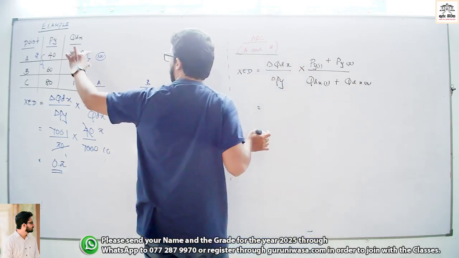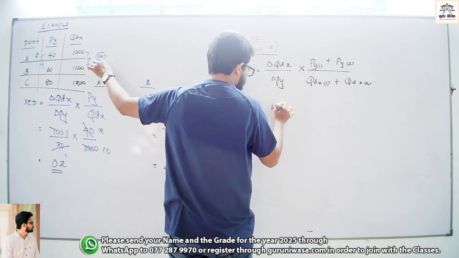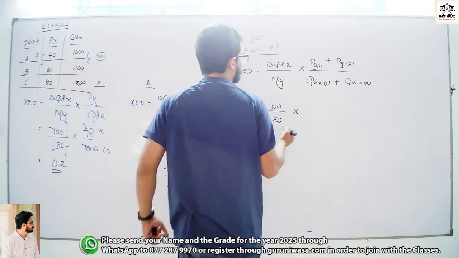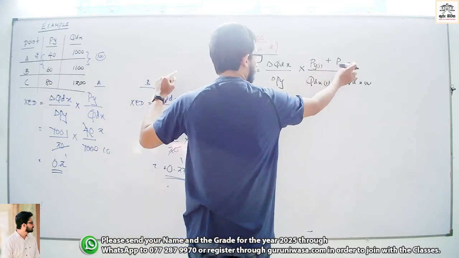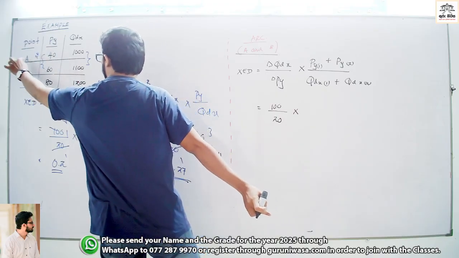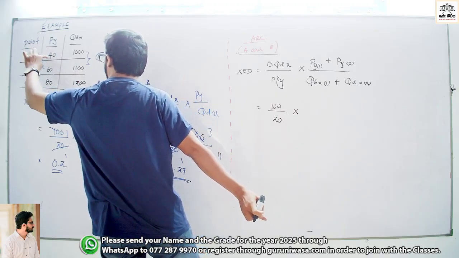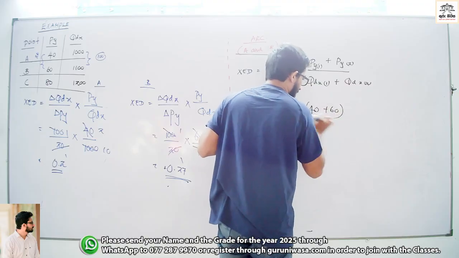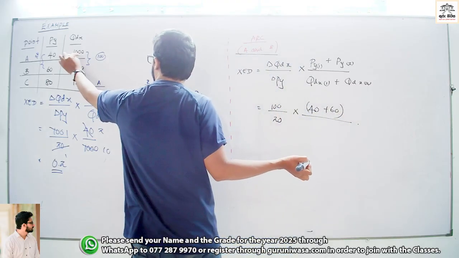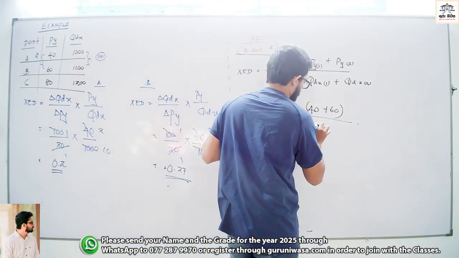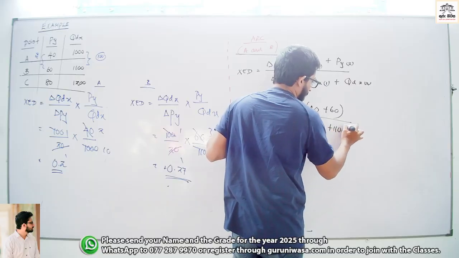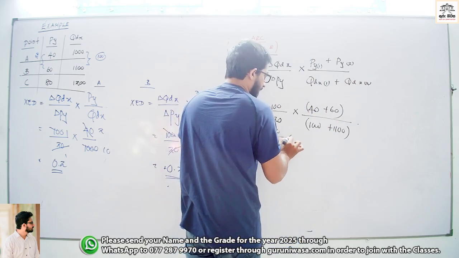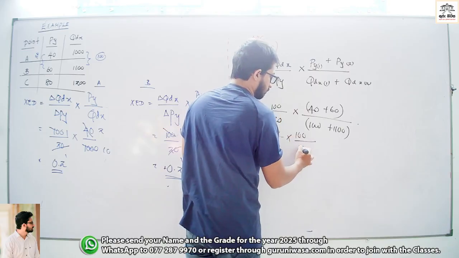Delta QDX, same change, 100 divided by change in price, 20 into PY1 plus PY2. Between A and B, what are the prices of PY? 40 and 60. Add them together, divided by the two quantities demanded, 1000 and 1100. How much is the value here? 20 into 100 divided by 2100.